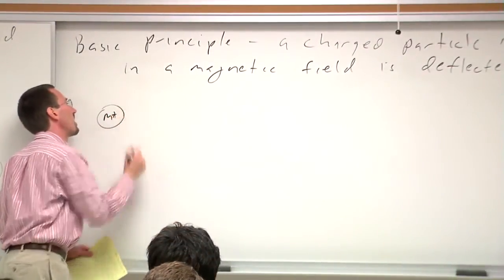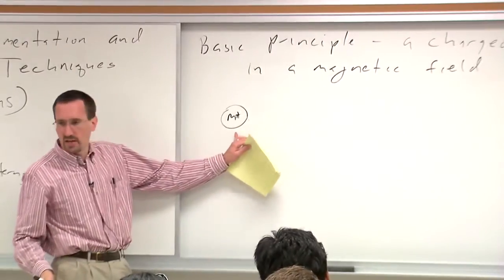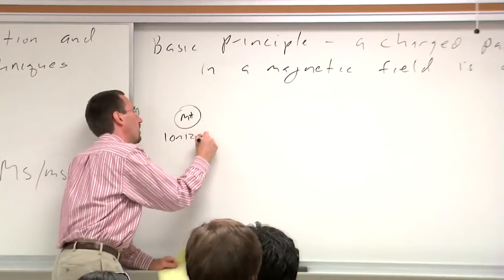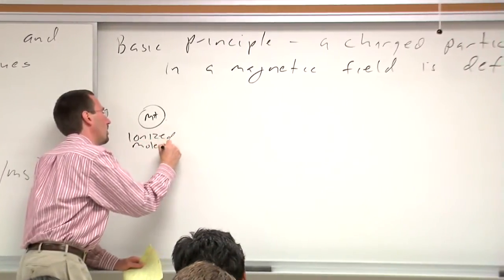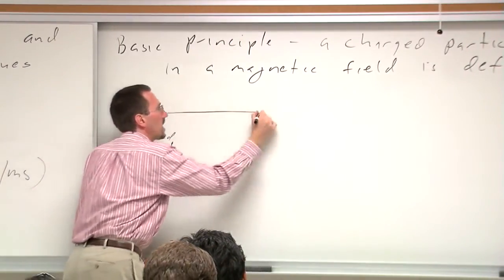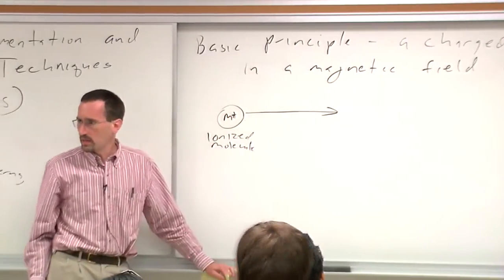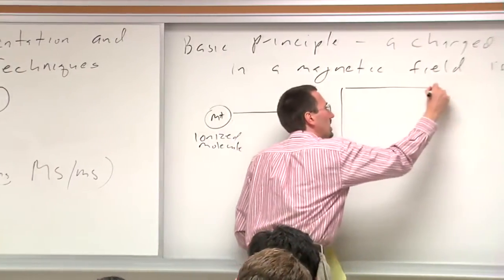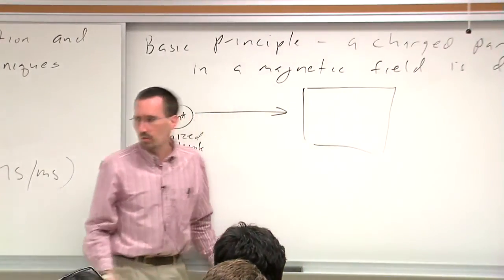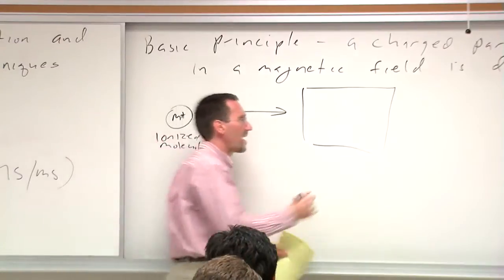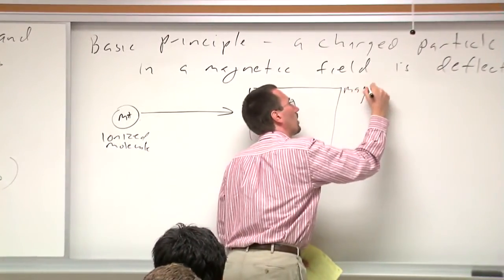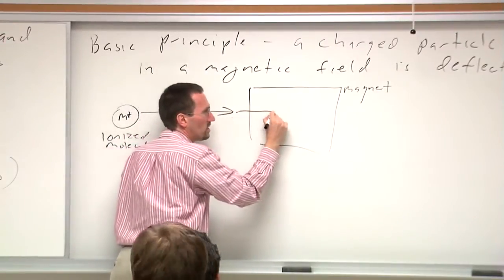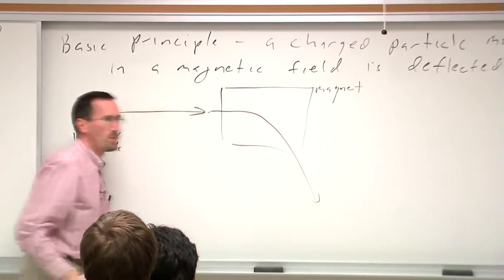So if you want to think about the basic technique, you can think of an ionized molecule. And that ionized molecule is moving along until you come to some sort of magnetic field. In the simplest and historical realm, it is literally an electromagnet.